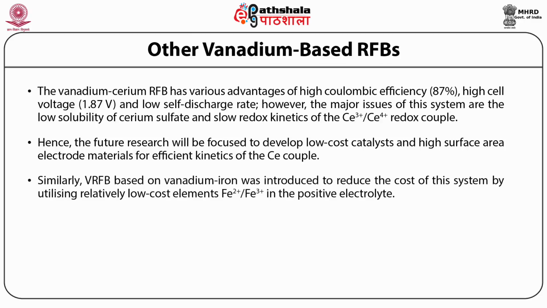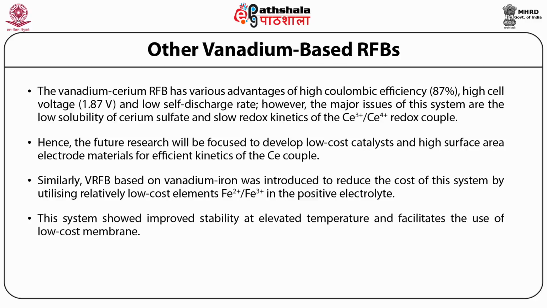Similarly, the vanadium iron RFB was introduced to reduce the cost of this system by utilizing the relatively low cost element Fe2+/Fe3+ in the positive electrolyte. This system showed improved stability at elevated temperature and facilitates the use of a low cost membrane.